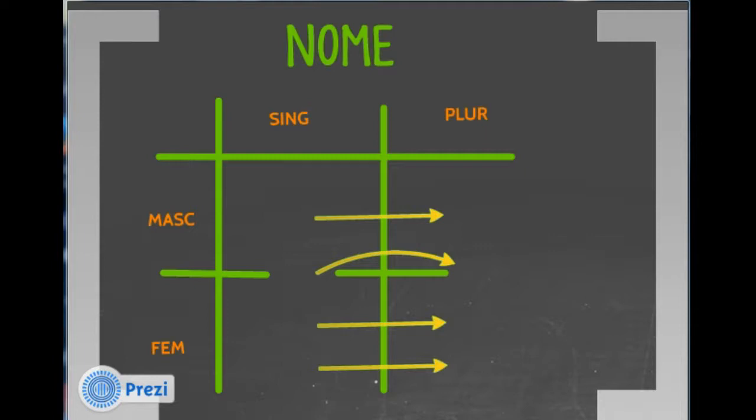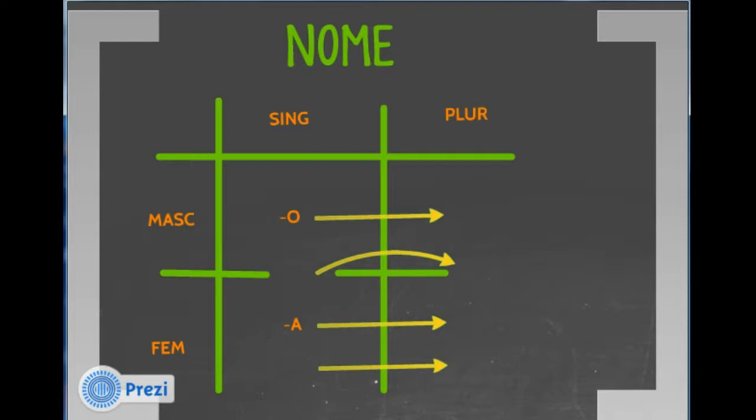In Italian, the forms of the nouns depend on the sex and the number of the noun. So, the nouns can be singular or plural and masculine or feminine. Normally, the masculine singular form ends in O. Feminine singular ends in A, like ragazzo, boy, and ragazza, girl.